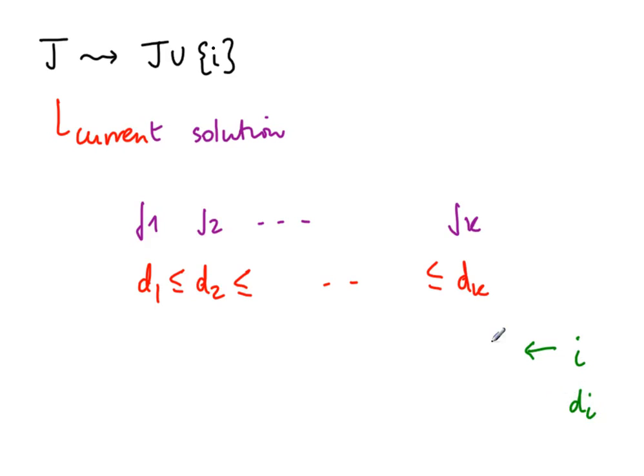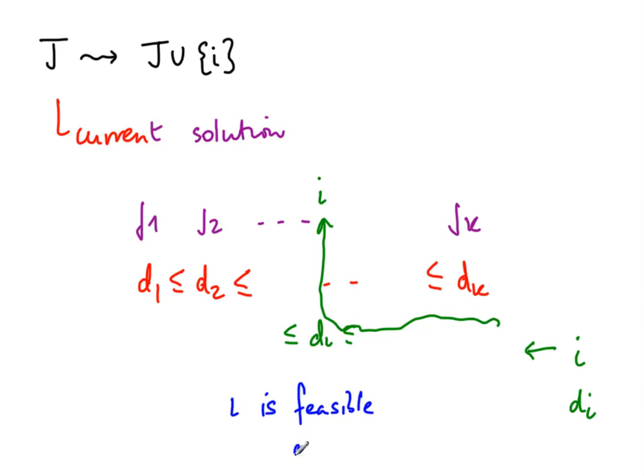So what we do is we first start from one end, say from the right, and we find a position to insert I so that di fits correctly in this ordering of the deadline. So it's like inserting an element into a sorted list. Having done this, we have to check two things. One is we have to check that I itself is feasible. That is, that at the position where I insert, di must be bigger than or equal to the insert position.